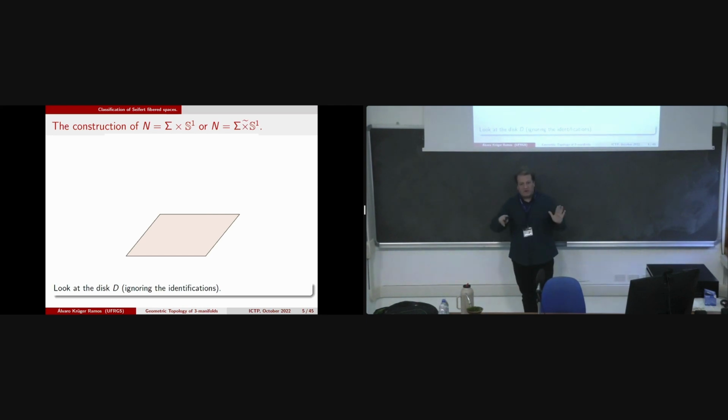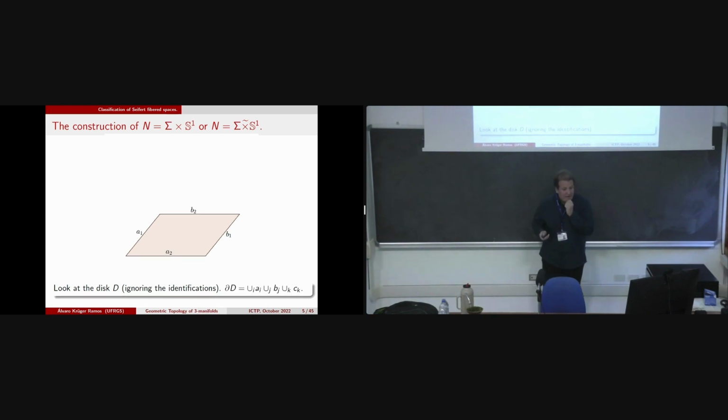You ignore the identifications. You keep them in the back of your head, but right now let's just look at this disk. In the case of the Klein bottle, it's going to be a square or a rectangle. Now you label the sides with the identifications that you will need. So here I am thinking A1 is going to be identified with B1, A2 is going to be identified with B2, and you could have other components C that would create the boundary, and they are not going to be identified.